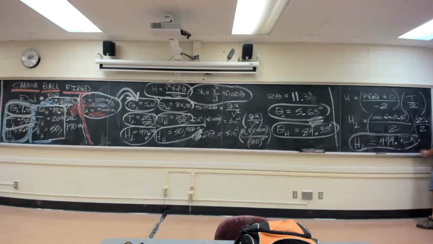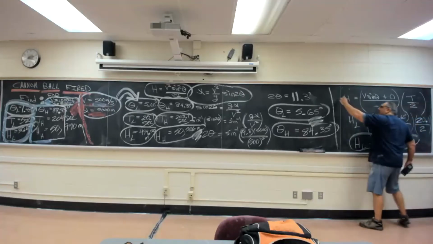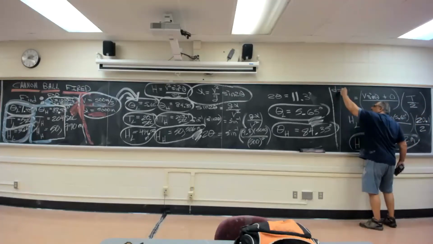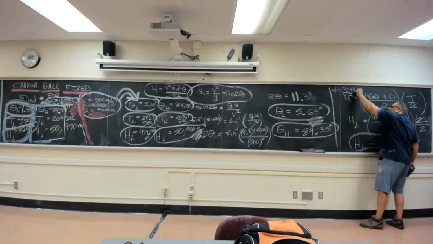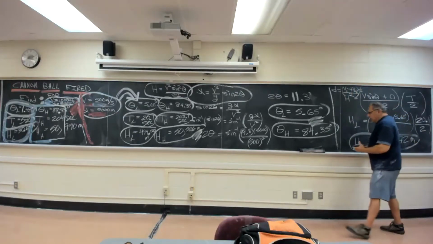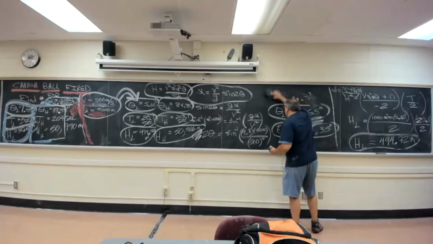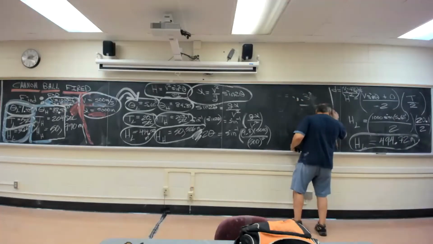How did we do it? We went here and remembered that D was VI plus VF over 2 times some kind of T. That is not visible too well, guys.